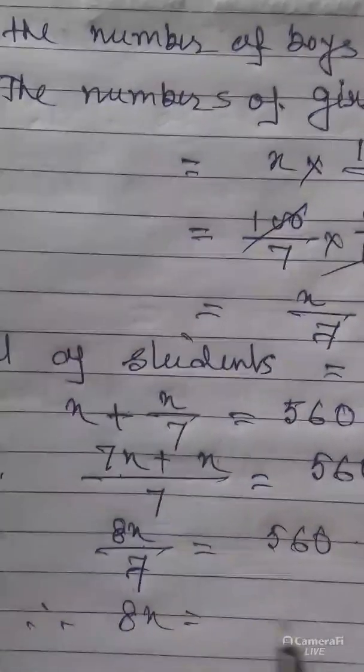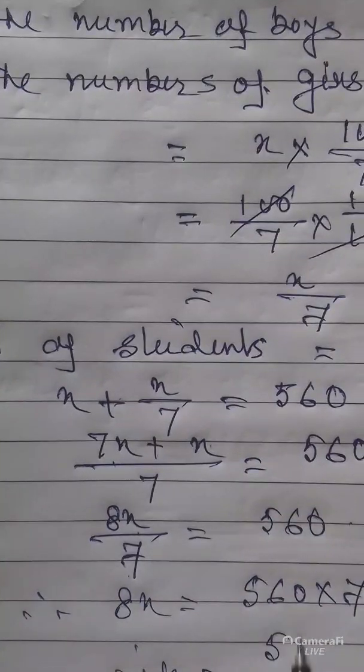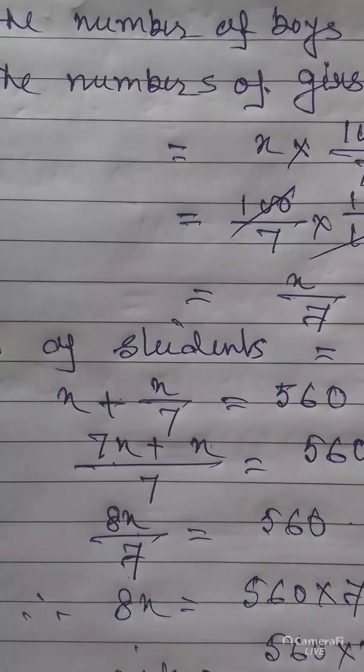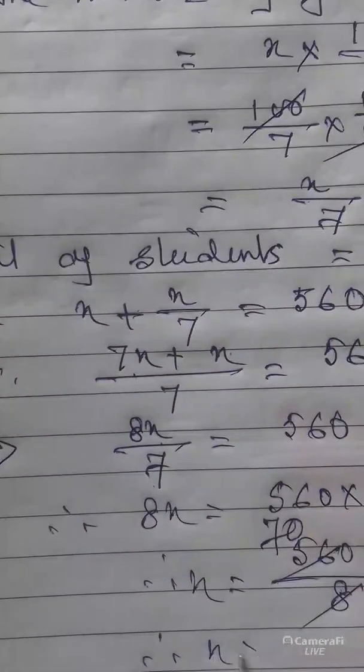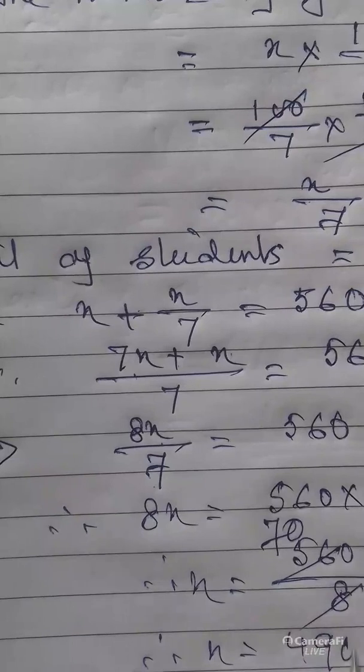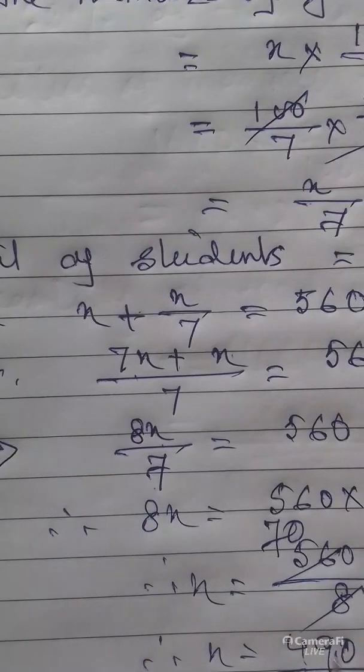Therefore, 8x equals 560 into 7. So x equals 560 into 7 by 8. 8 7s are 56, 70. Therefore, x equals 490 students, and x means the number of boys.